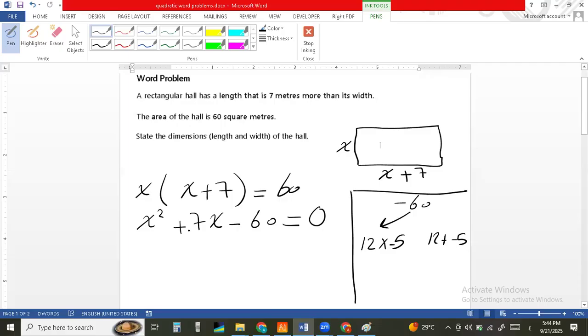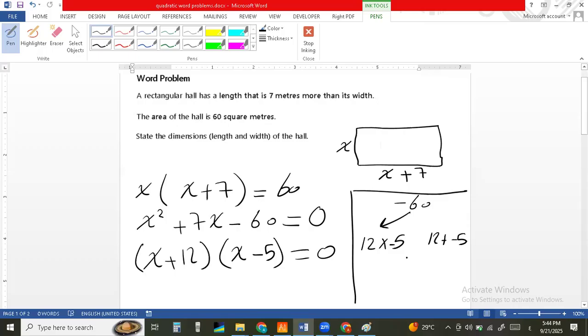Now, what are we supposed to do? Open the brackets normally this way and equal 0. We agree here is x, here is x. One of them is going to be plus 12, and the other is minus 5. I thought that we need to break the 7x into 12x and negative 5x.